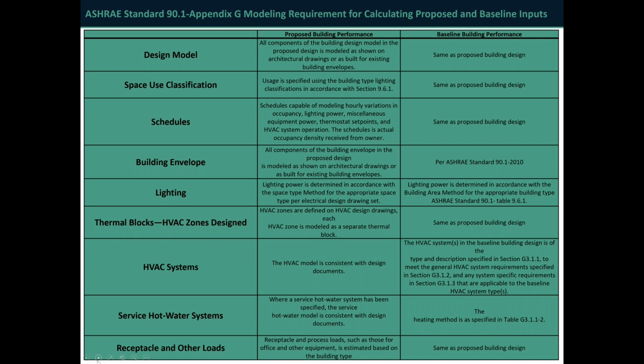If we define the proposed from the architectural drawings and build our geometry, we have to do the same thing with the baseline. But in some things, like the building envelope, they are different.